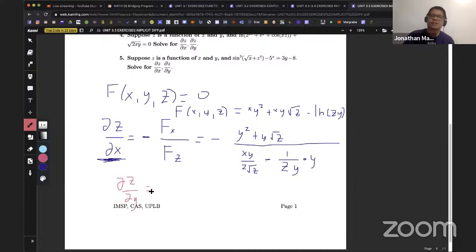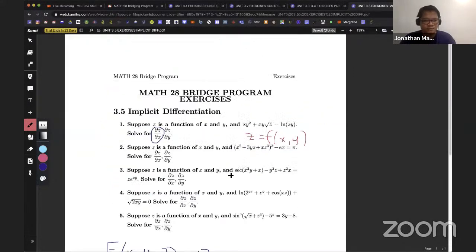Using the mnemonics we had a while ago, that will be negative of f sub y, because y is in the denominator, over f sub z. So that is for implicit differentiation.